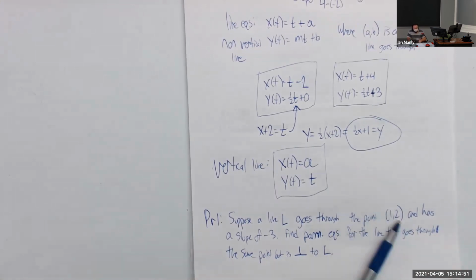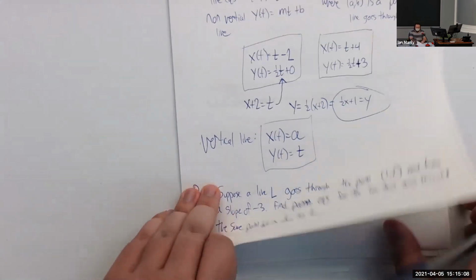So it needs to go through the point 1, 2, but it's going to have a different slope because it's going to be perpendicular to the line that had a slope of -3. And as always, we'll go over this in a minute.